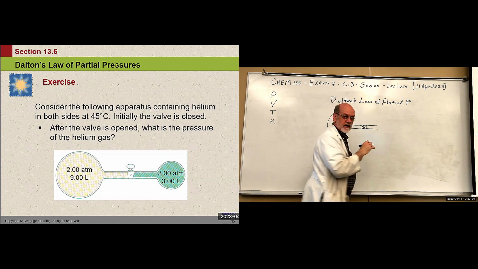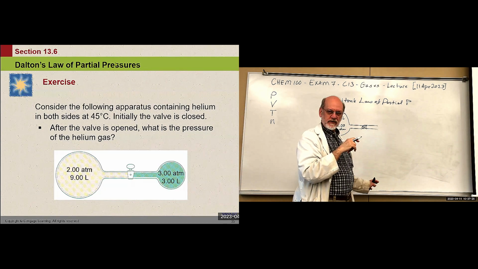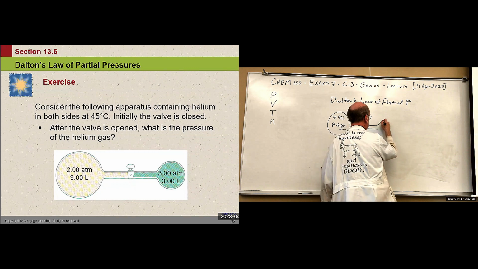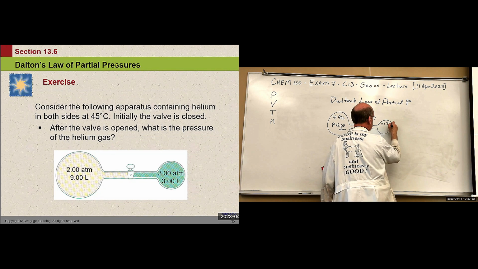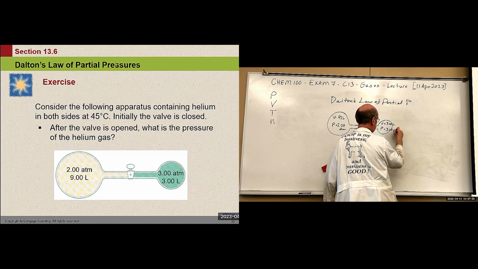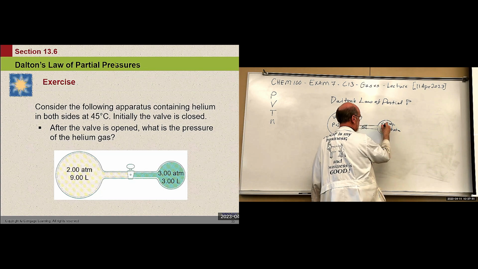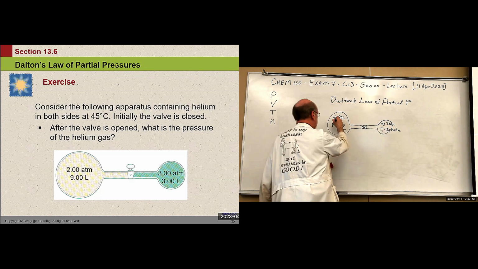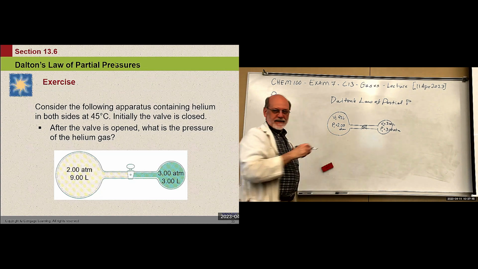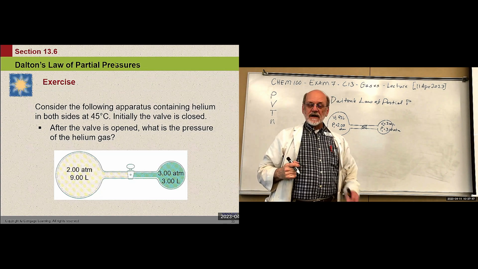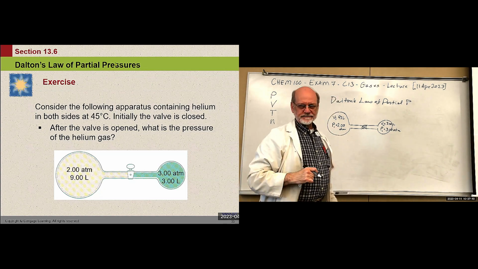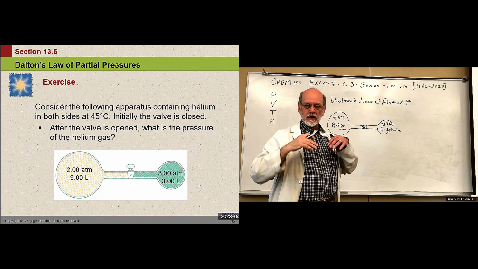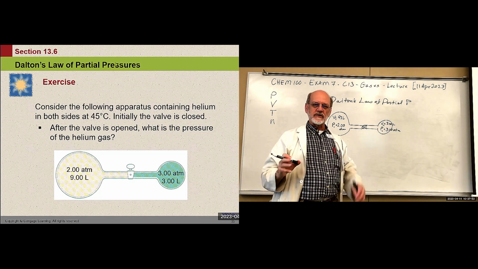And we got another bulb is only 3 liters and 3 atmospheres pressure. So the volume equals 3 liters and a pressure of 3 atmospheres. So let's say that's 2, and this is 1. All right. And the temperature is 45 degrees, which is constant for the whole experiment. So we don't have to consider temperature.